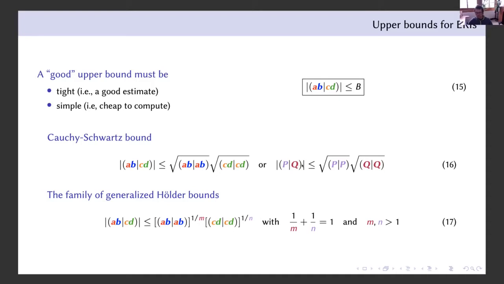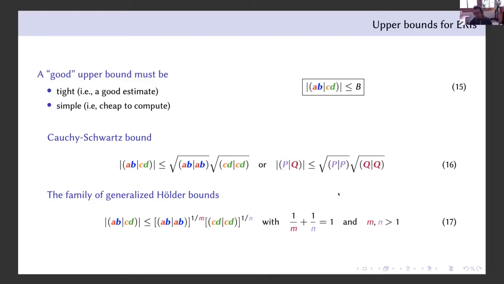Just before, I told you that if A and B are far away, your integral is going to be small, but you can also compare the center P and the center Q. If you have a very large molecule and the center P and the center Q are, let's say, 100 angstroms away, of course the interaction of P and Q, even if it's a long-range interaction with 1/r, this integral is going to be very, very small, so you don't have to compute it. But Cauchy-Schwarz cannot see it.